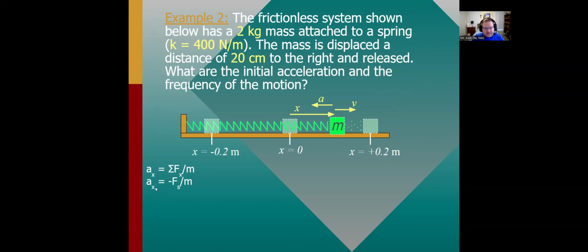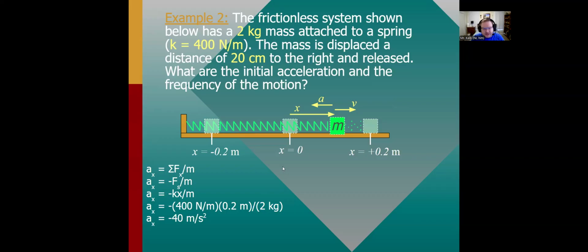So we have the negative of the spring force divided by mass. Spring force is k times x. So we have negative spring constant times the displacement divided by the mass, or negative 400 newtons per meter times 0.2 meters divided by 2 kilograms, which works out to negative 40 meters per second squared, or 40 meters per second squared to the left.